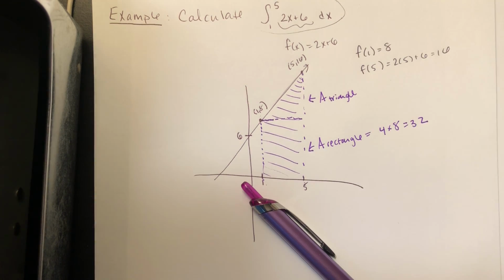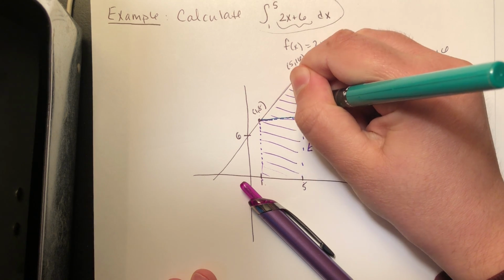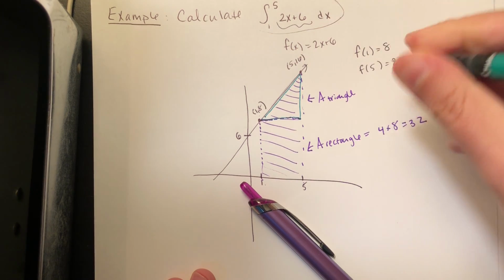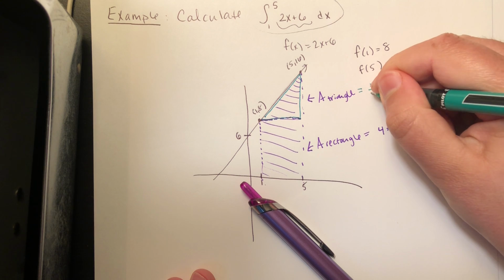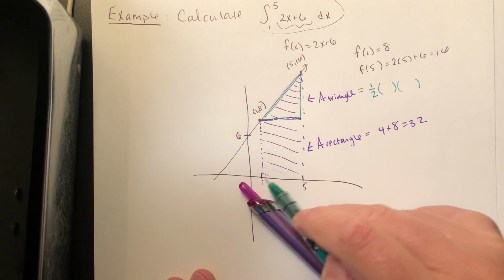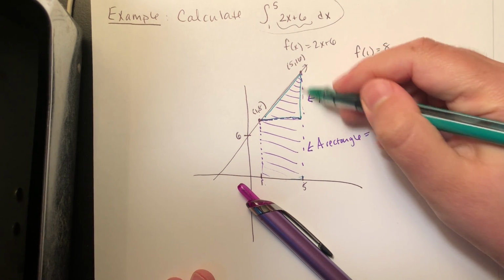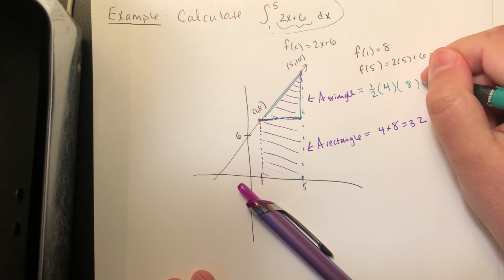Highlight this in case it's hard to see. This triangle here has a formula 1/2 times the base times the height. Well, the base is still going to be 4. From 1 to 5, it's still going to be 4. And the height from 8 to 16 is also going to be 8.